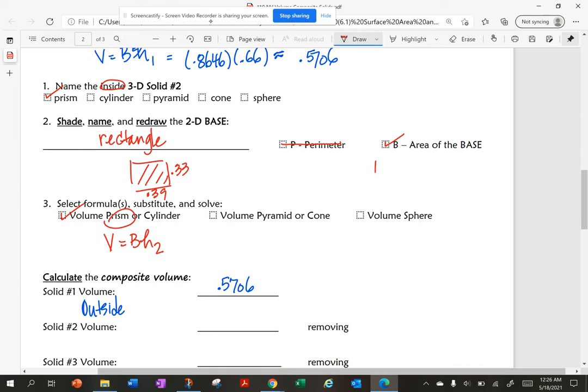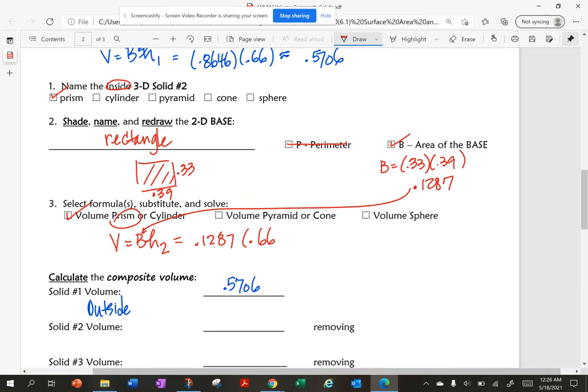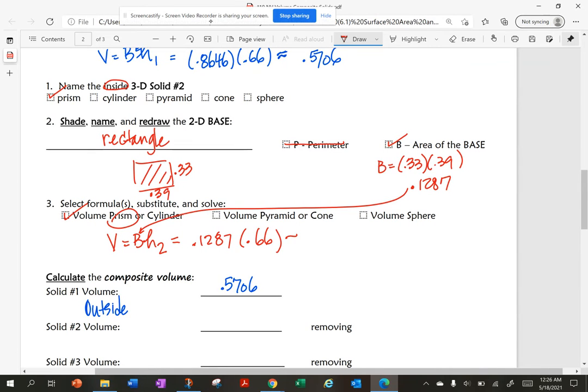I need the area of the base, which is going to be 0.33 times 0.39, which is 0.1287. I'm going to substitute that in here: 0.1287 times the height of the prism, 0.66. So my volume is approximately 0.0849.